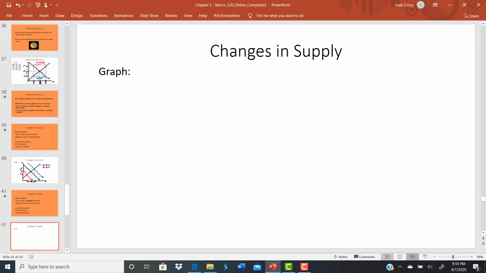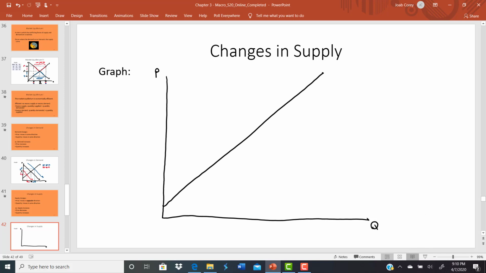So once again, draw a market equilibrium. We'll be doing a lot of these this chapter. So we got price on the vertical axis, quantity on the horizontal axis. Got an upward sloping supply curve, because again, people like to produce and sell more at higher prices.